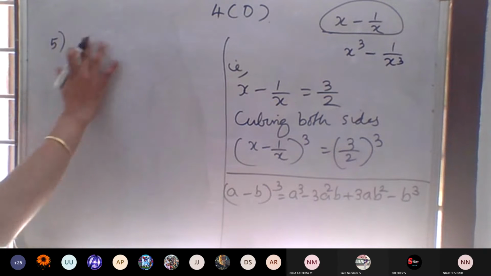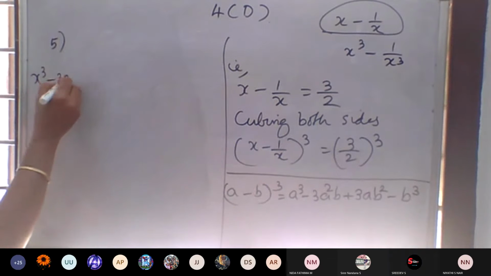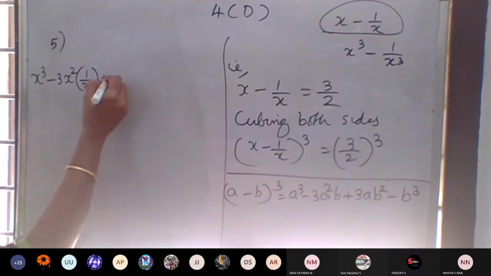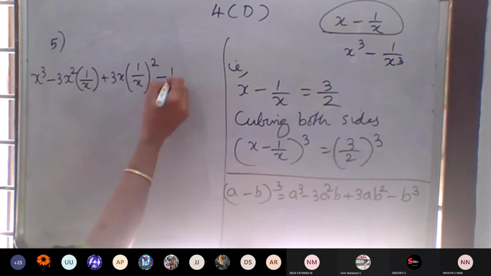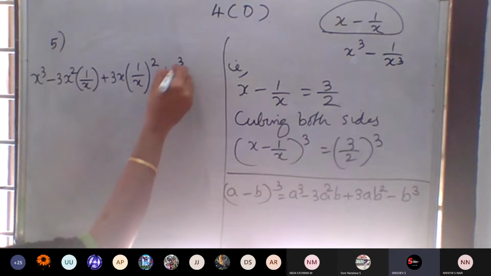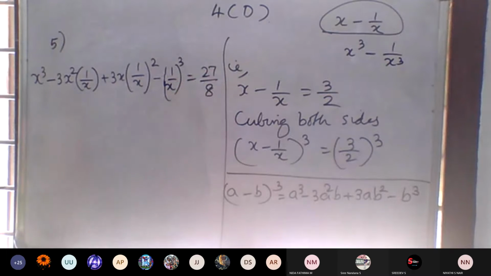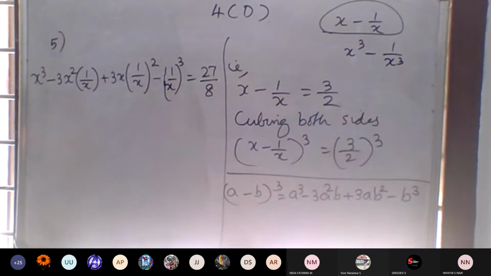So answer what we can write here: x cube minus 3x square into 1 by x plus 3x into 1 by x the whole square minus 1 by x the whole cube equal to 27 by 8. Better I won't do. You do the calculation and find x cube minus 1 by x cube. That is better. After that only I will explain.